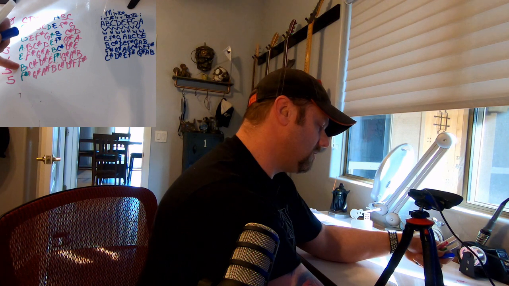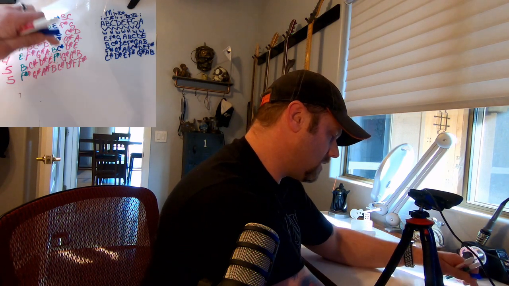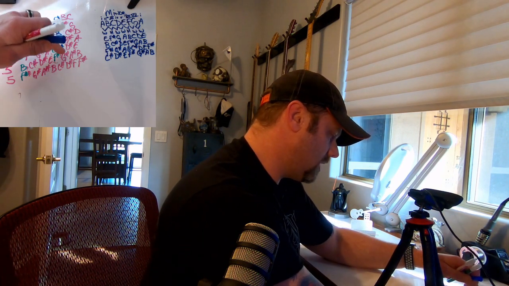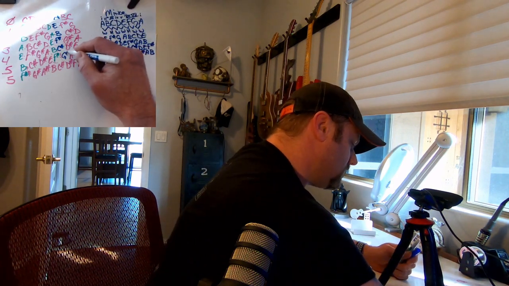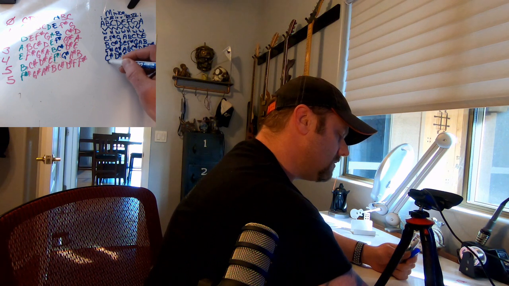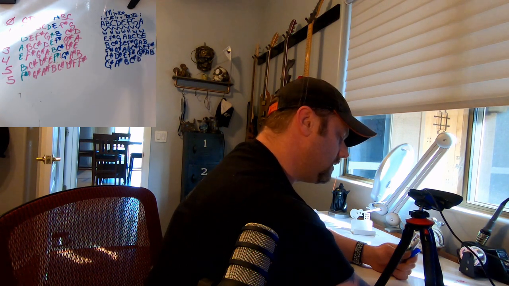Then B would be... Sorry, I goofed that one. Yeah, G sharp. No, never mind, I'm good. So G sharp minor: G sharp, A sharp, B, C sharp, D sharp, E, F sharp, and G sharp.